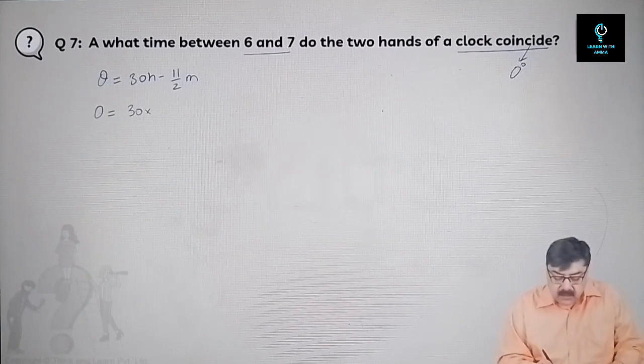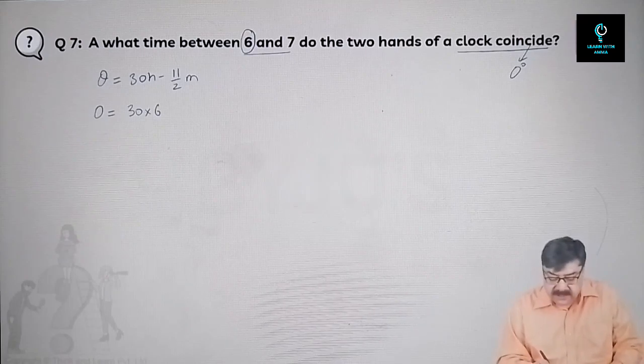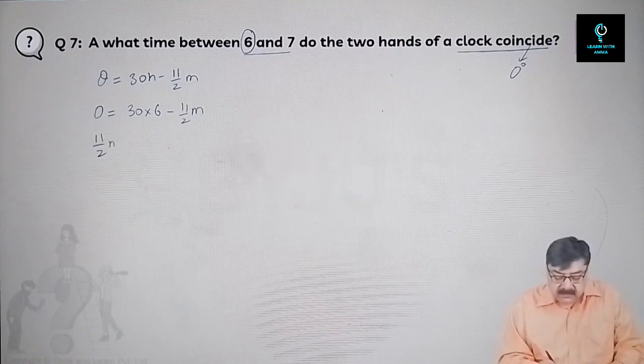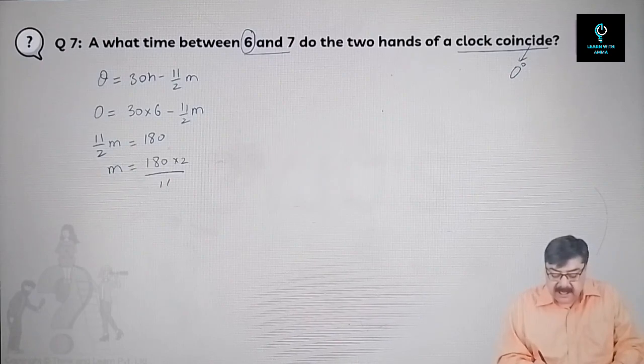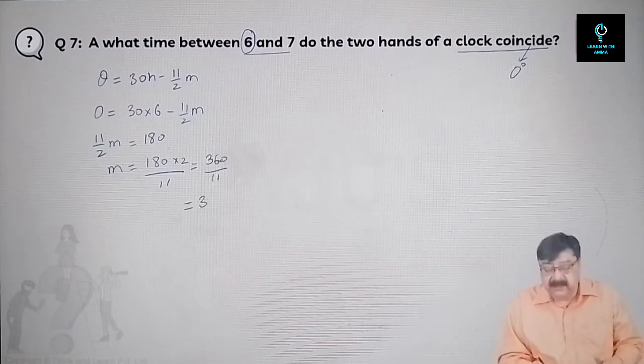30 into, now 6 has to be the hour value, the first one, minus 11 by 2m. So 11 by 2m equals 180. M equals 180 into 2 by 11, that is 360 by 11. 360 by 11 is 11 into 3 is 33, 30 remaining.